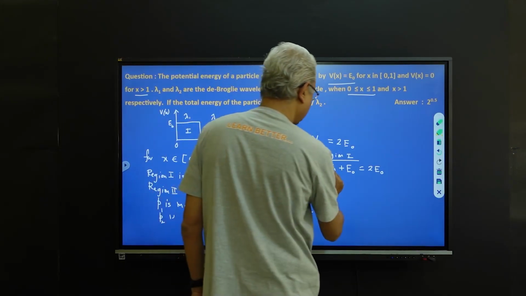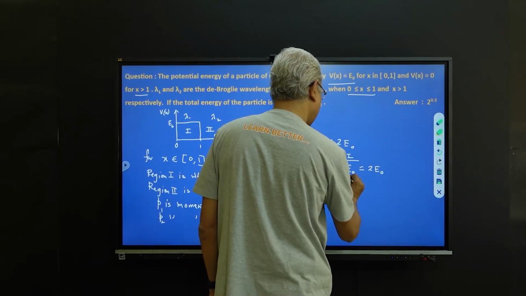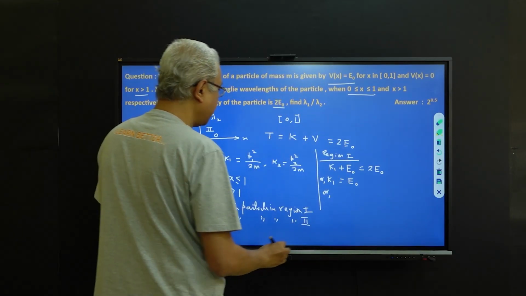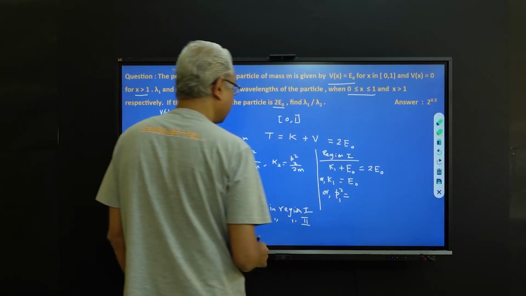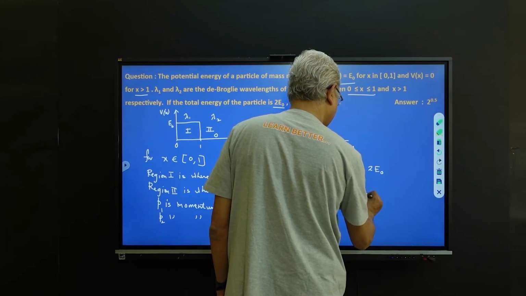Or K1 is E naught, or I can write P1 square is 2m E naught.